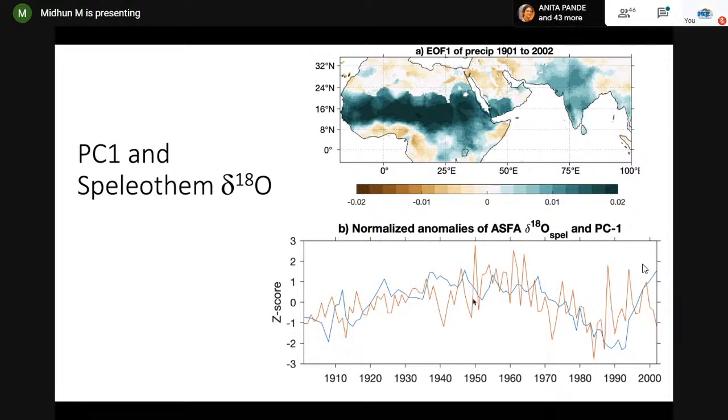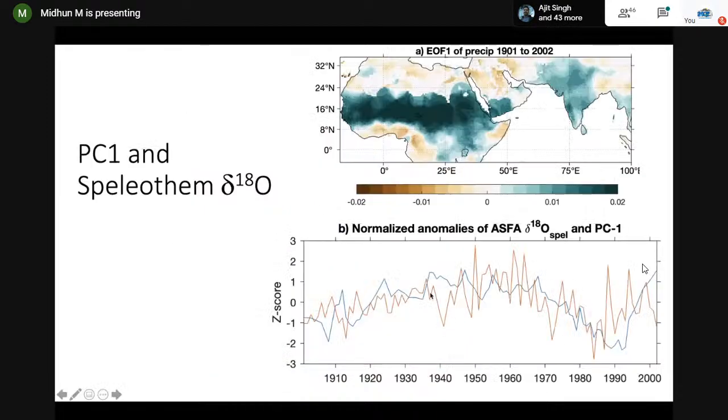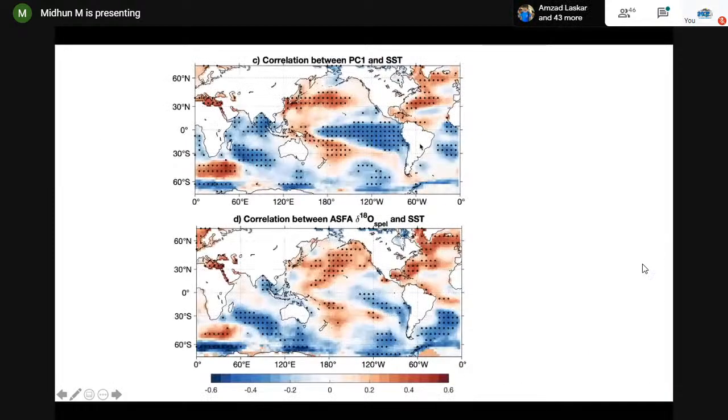So we wanted to know whether this coherence is coming from the dynamics which I explained previously. For that, we did a correlation of PC1 and speleothem delta 18 with sea surface temperature.